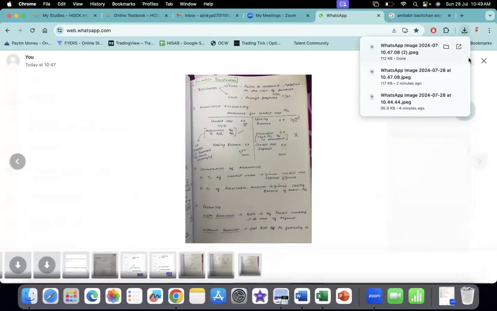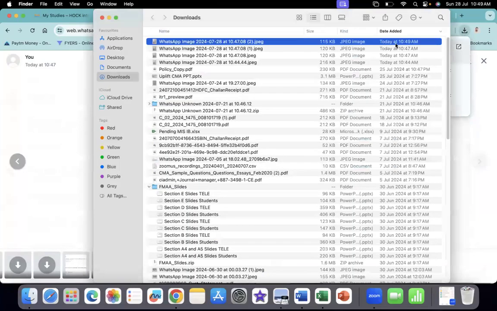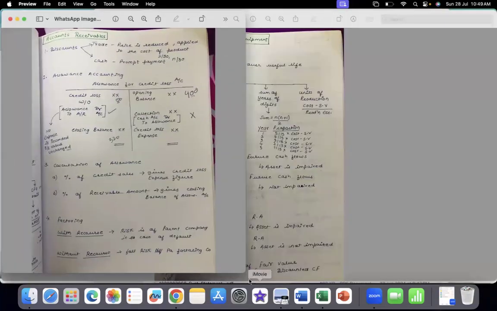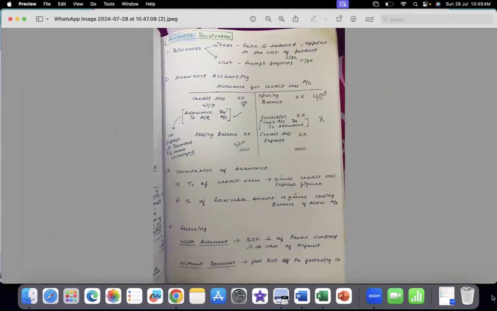This is with respect to your accounts receivable. The way you remember it is again important. So again, if you see this accounts receivable, these are the only points which I need to understand and remember. And if I remember these points, I'm good with my MCQs.